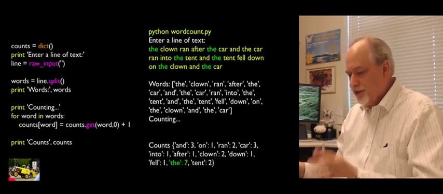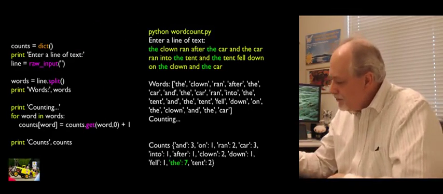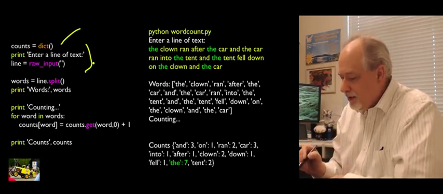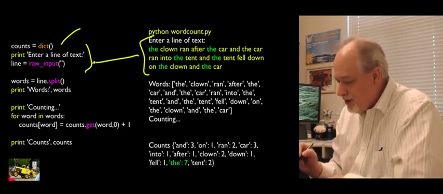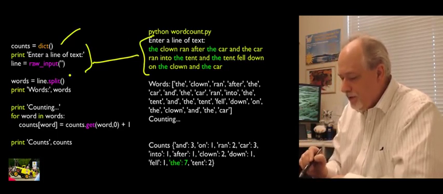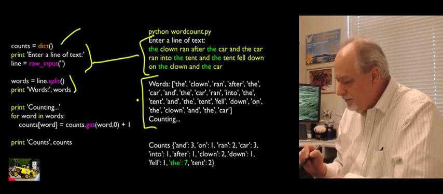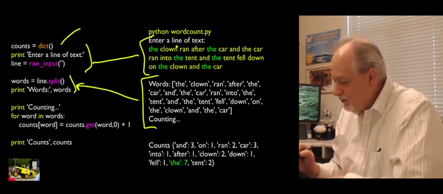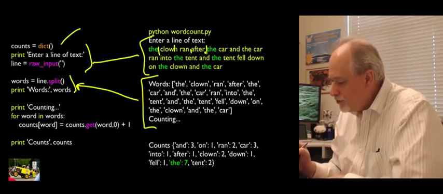So here we have, in this kind of a smaller fashion, we make a dictionary. This entering a line of text is here. It's all one line. We do the split, and then we print the words out. And so that split creates a list of strings from a single string based on where the blanks are at. Chop, chop, chop, chop.